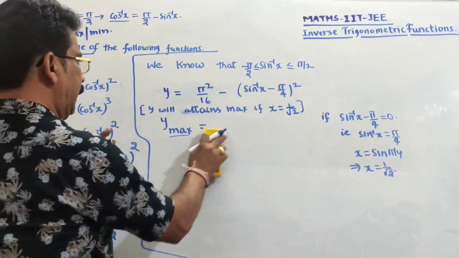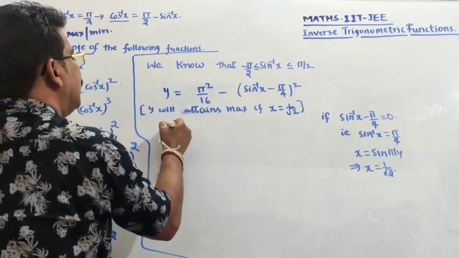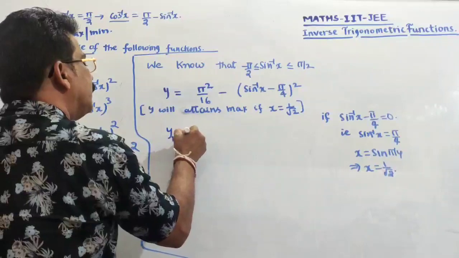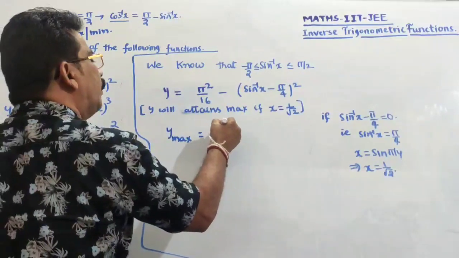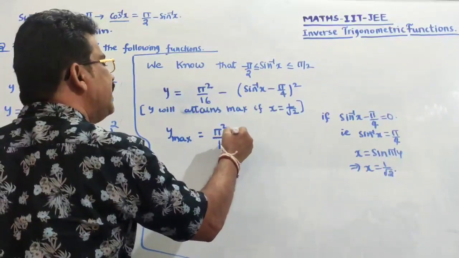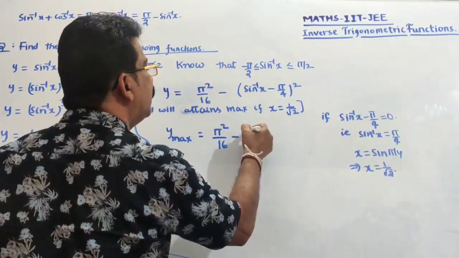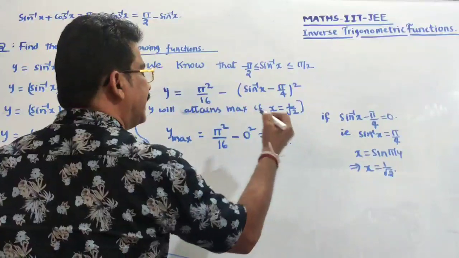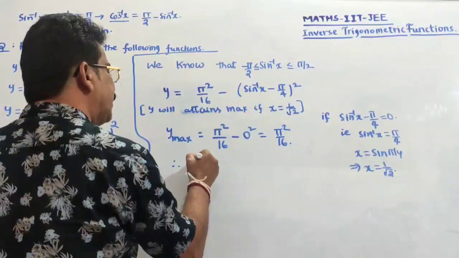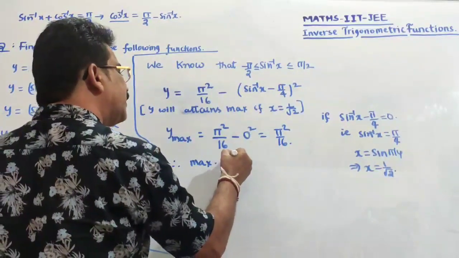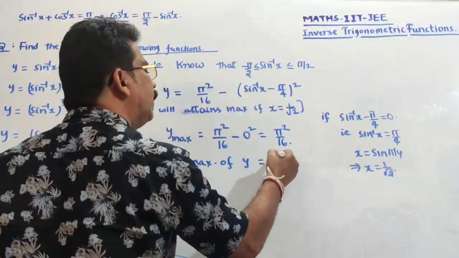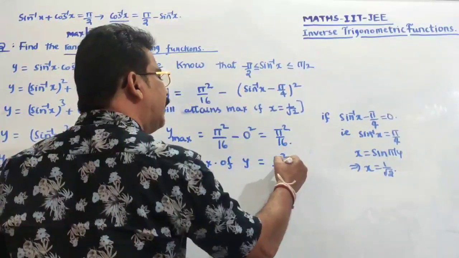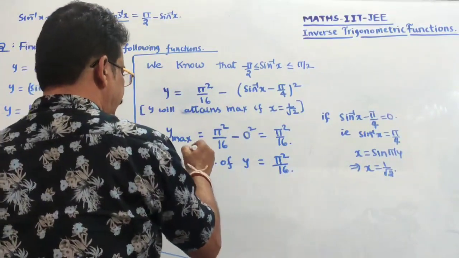So therefore y maximum is equal to pi square by 16 minus 0 whole square, that is equal to pi square by 16. Therefore maximum of y equal to pi square by 16.